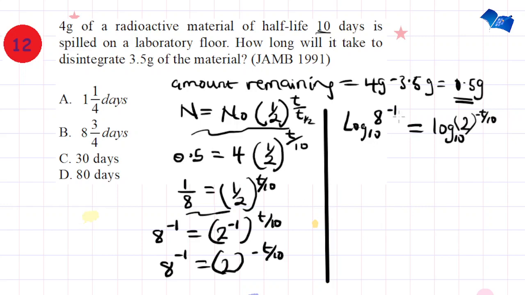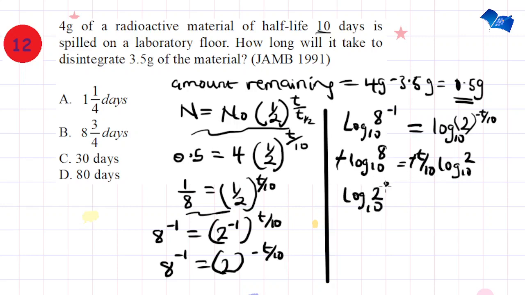Okay, using the law of logarithm, this will now give us minus log 10 of 8 equals minus t/10 log 10 of 2. Right? So negative can cancel negative. Then 8 is 2 raised to power 3, right? Should give us t/10 log base 10 of 2.